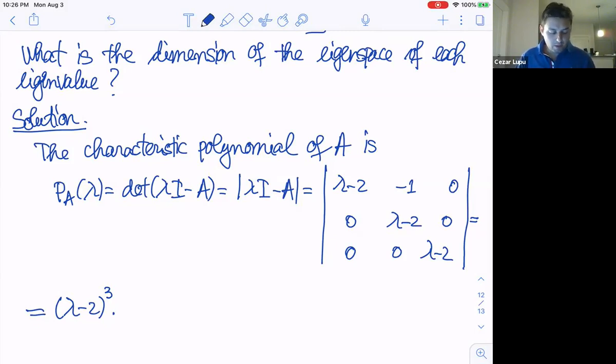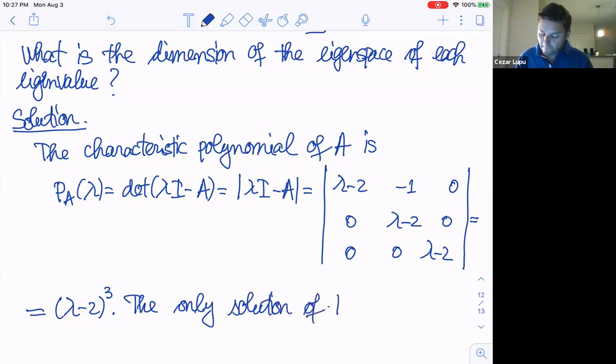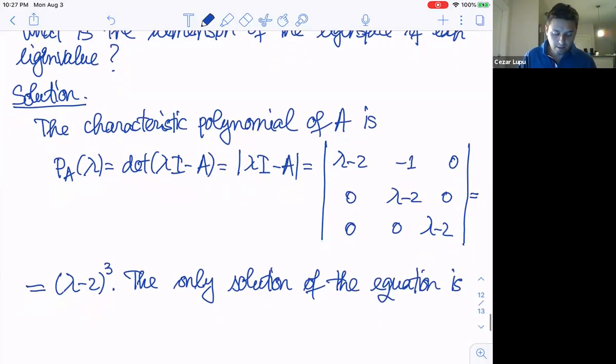Now, this equation obviously has degree 3, but the only solution of this equation is lambda equals 2.